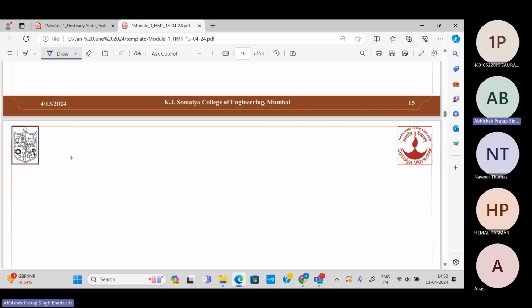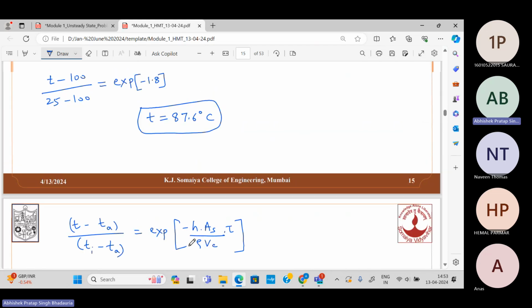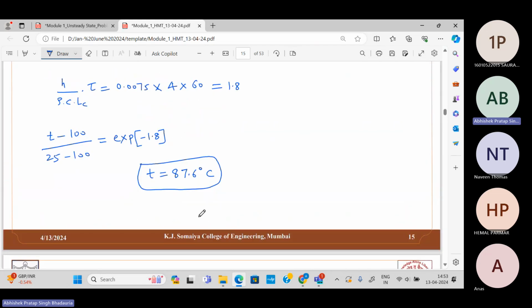So the expression is T minus TA divided by Ti minus TA, equal to e to the power minus hA_s divided by rho V c multiplied by tau. So what is T? T we have already determined, T is 87.6.